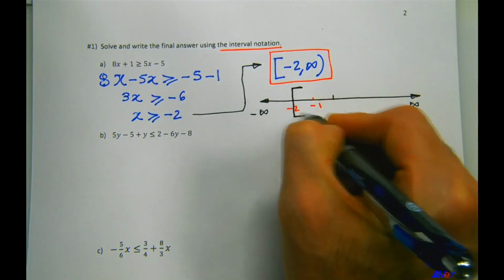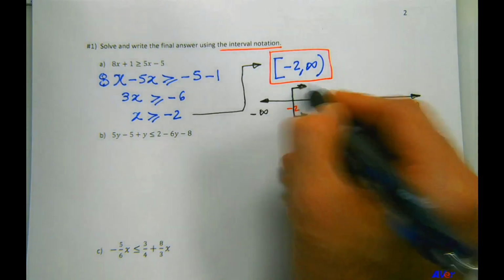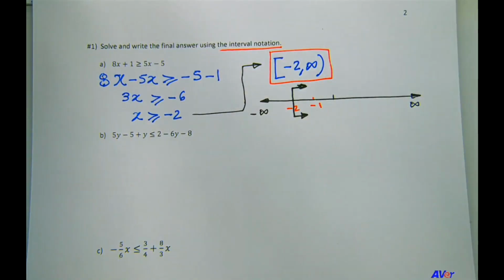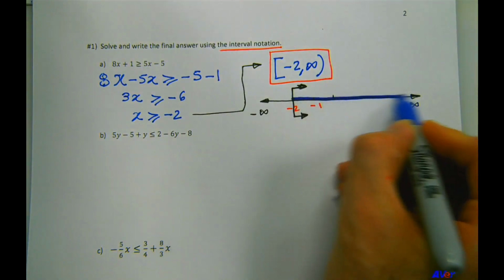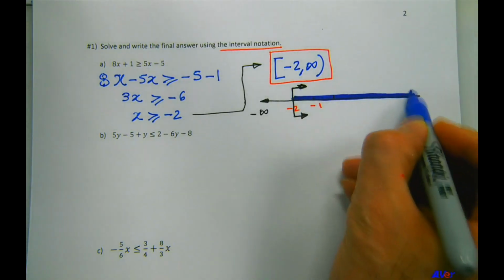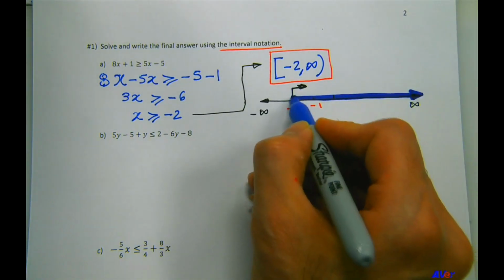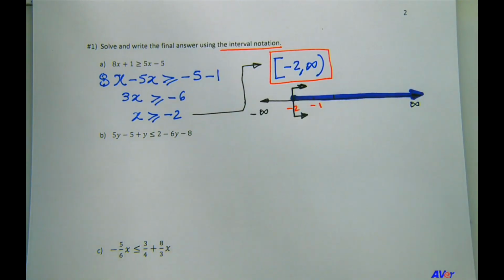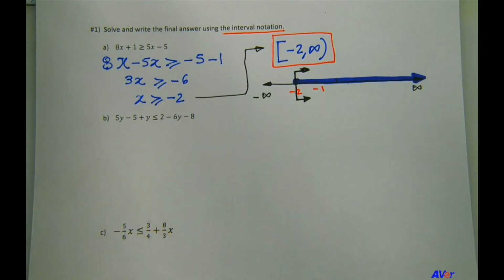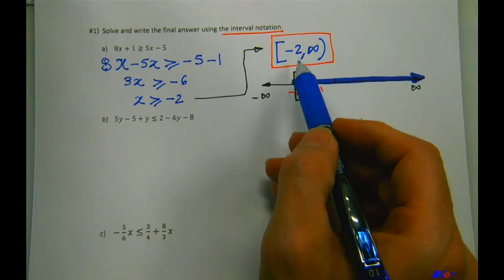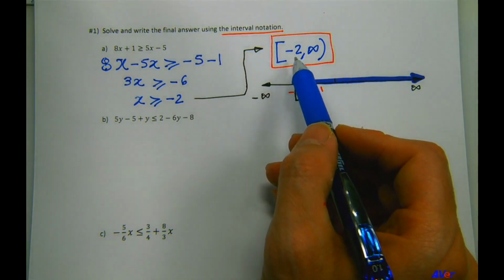So I'm going to put a bracket here pointing that direction. And then I'm going to use my thicker marker. All of this region that I'm highlighting or thickening is the solution of that inequality. And that's a graphical representation of it. Some of the homework examples ask you to show the solution graphically, and that's what it would look like. Okay, so the next one, and I hope this answer matched what you solved already, ahead of me.